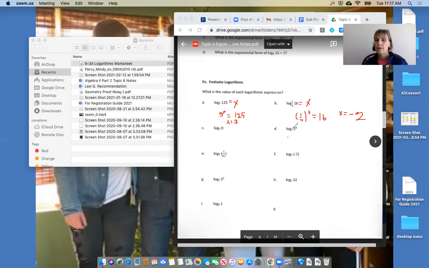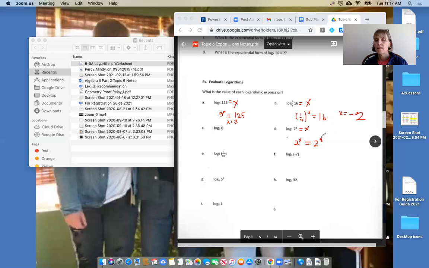Here it says log base 2 of 2 to the 8th. So in other words, you're saying this equals x. So I would say 2 raised to this exponent of x equals this part, 2 to the 8th.